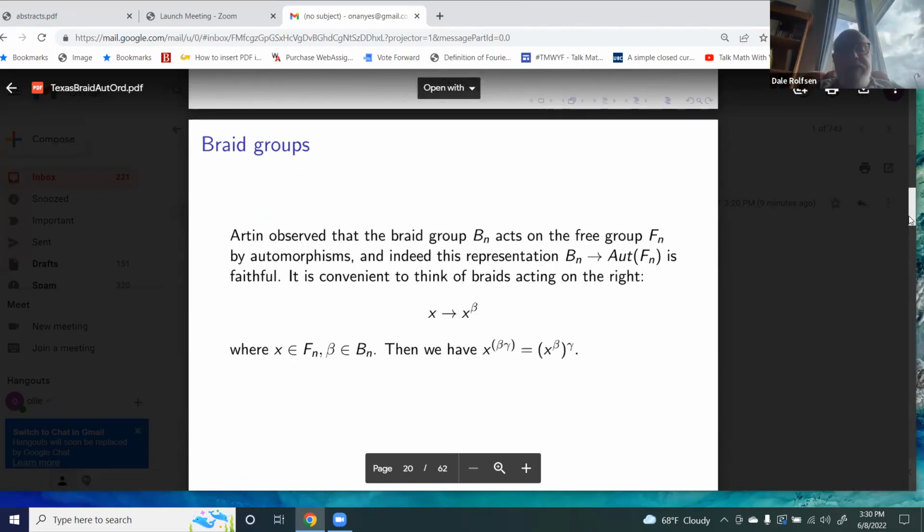The braid group acts on the free group Fn by automorphisms. And it's actually a faithful representation from the braid group to the automorphism group of Fn.